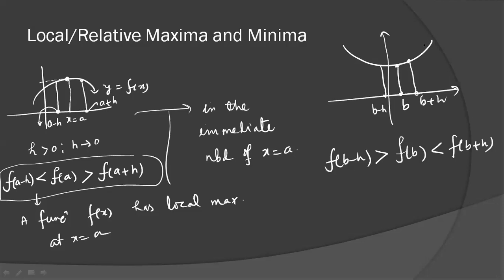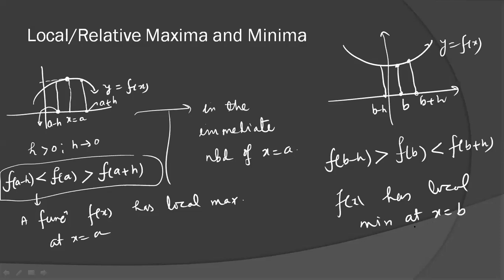So f(x) has a local minima at x equal to b, and we are taking a very small or immediate neighborhood of b here. So these are called local or relative maxima and minima. A function can have more than one local maxima and minima.